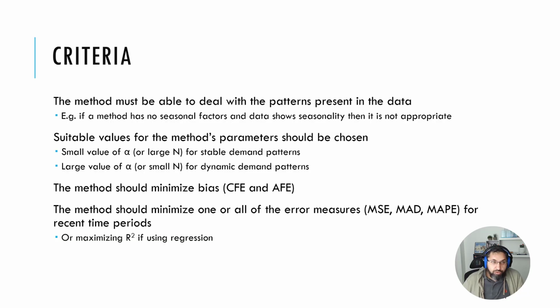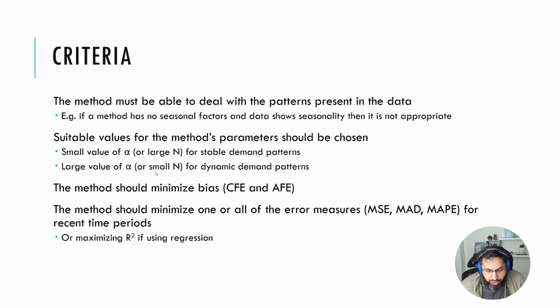In terms of regression, if you have a stable demand pattern, you'll pick a large sample size, go back a lot in the history to get a large sample size for regression. But if you have very dynamic demand patterns, then very old values of your sales data are not relevant anymore because the trend has changed, the seasonality may have changed. So in the regression, you don't want a huge sample size going back 50 years because a lot of the data is not relevant.